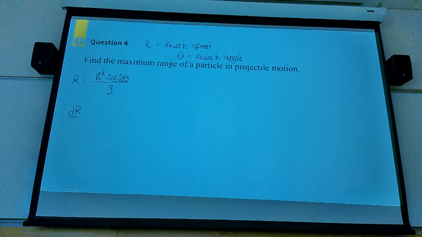Well, what are we going to take the derivative with respect to here? Theta, right? It's the only thing we can control. What's that derivative?